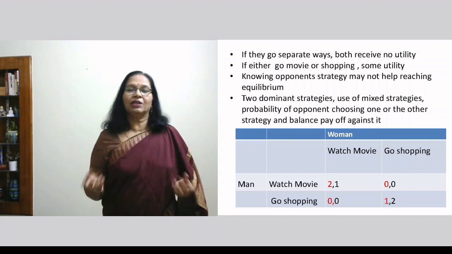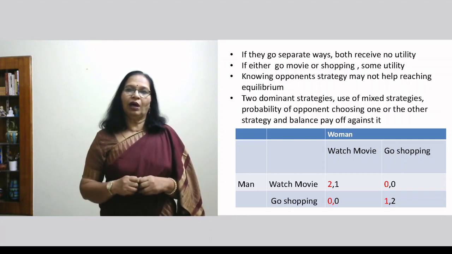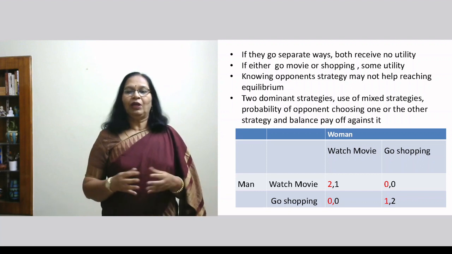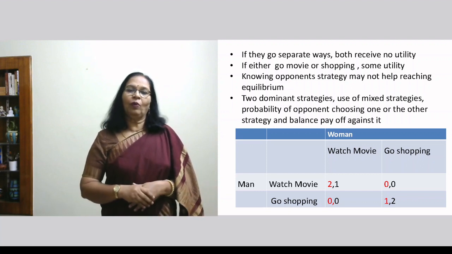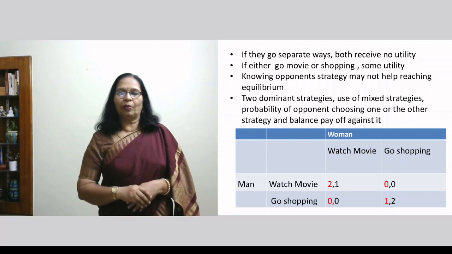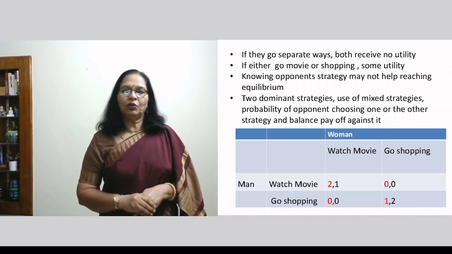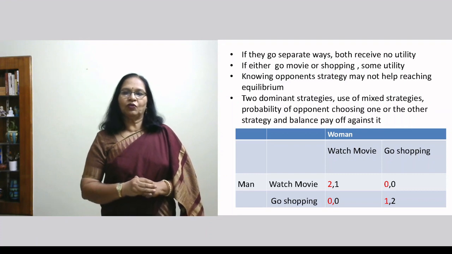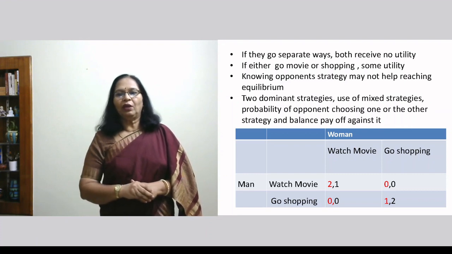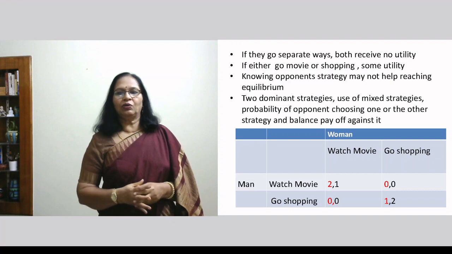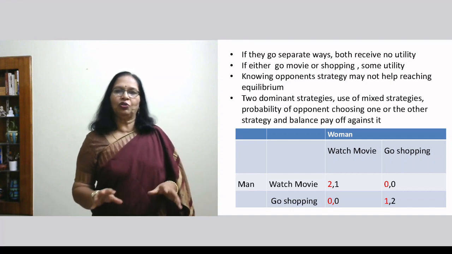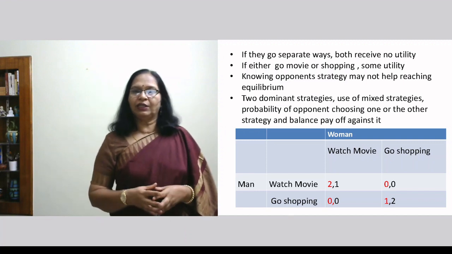Now you see it is a 0-0 game, because both are doing things independently and they don't have each other's company. Look at the second row, about going shopping. When he goes for shopping and the woman goes for watching a movie, then they are 0-0. Both of them have no benefit out of that, so they are not going to be enjoying each other's company.